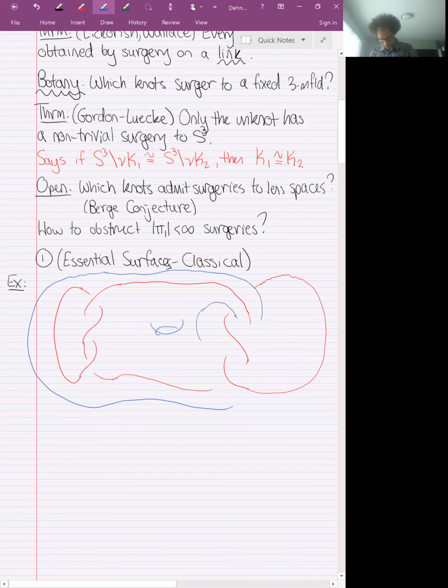I have this torus that completely engulfs the leftmost knot, and it's going to travel around the rightmost knot. I'll draw this the best that I can. And you see that what I've built here is, this is not quite right. Let me try to fix this. Sorry.